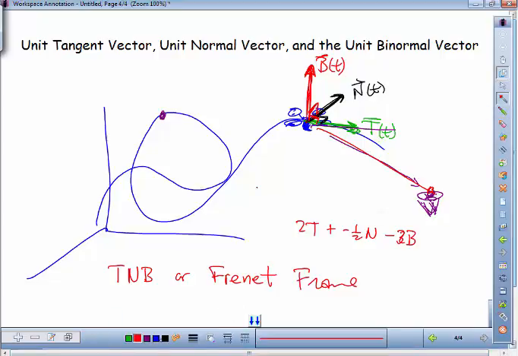If I'm following this path, at this point over here, I'm this way, and then my normal vector might be going this way, and so the unit binormal might be going that way.